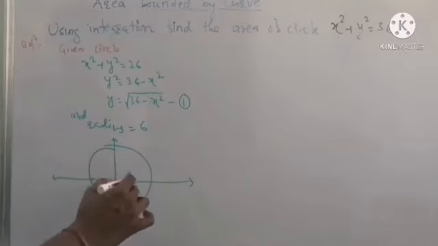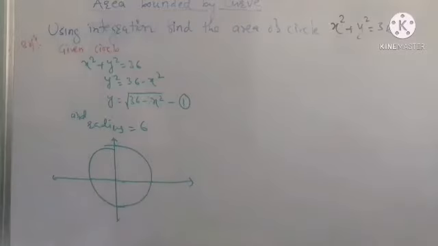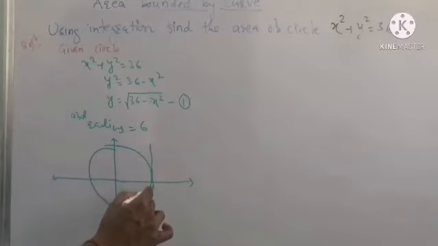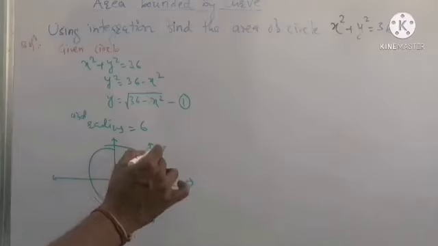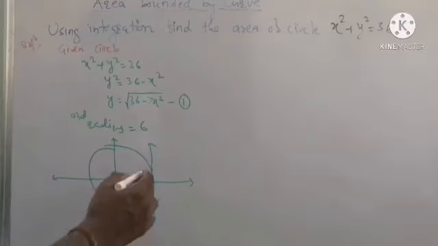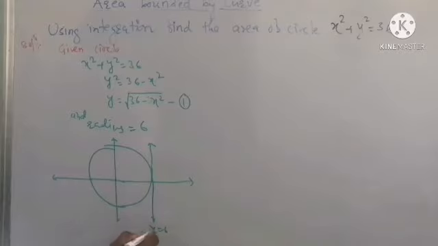This is the radius on the positive x-axis, which is at 6. The tangent at this point is parallel to the y-axis, having equation x is equal to 6, and the equation of the y-axis is always x is equal to 0.